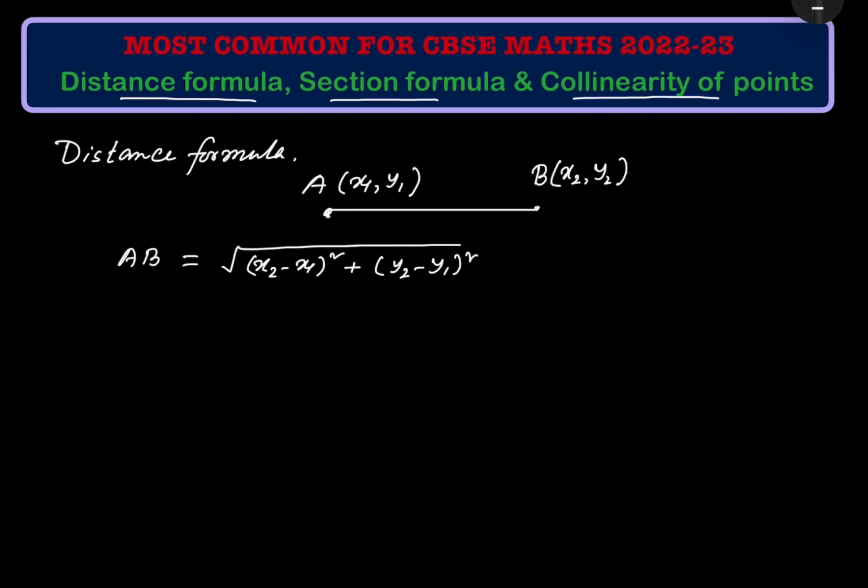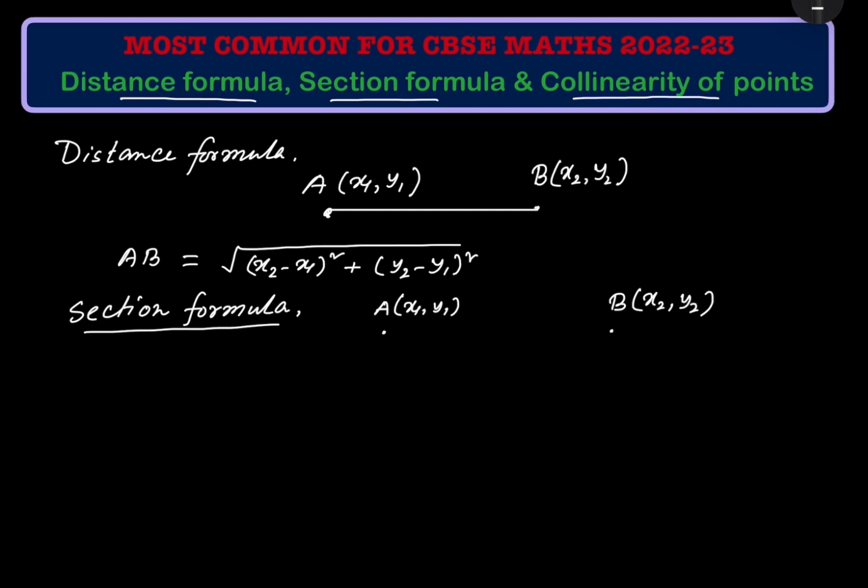Next is section formula. Section formula. Suppose A is a point whose coordinate is x1, y1 and here B is another point x2, y2.